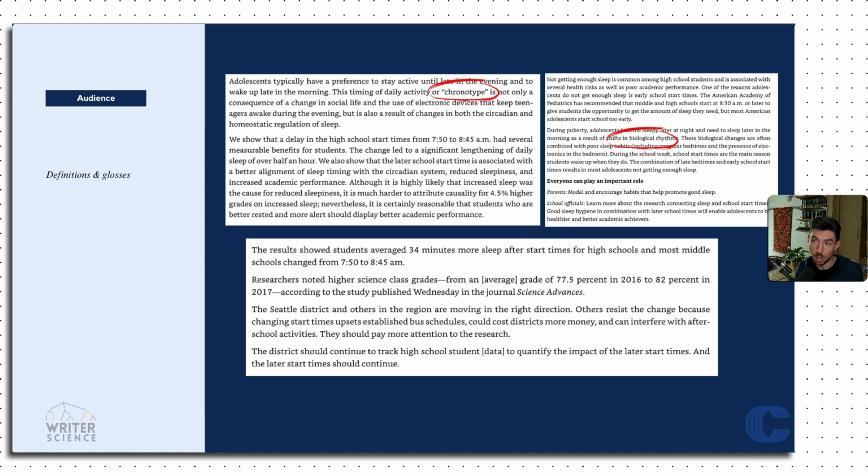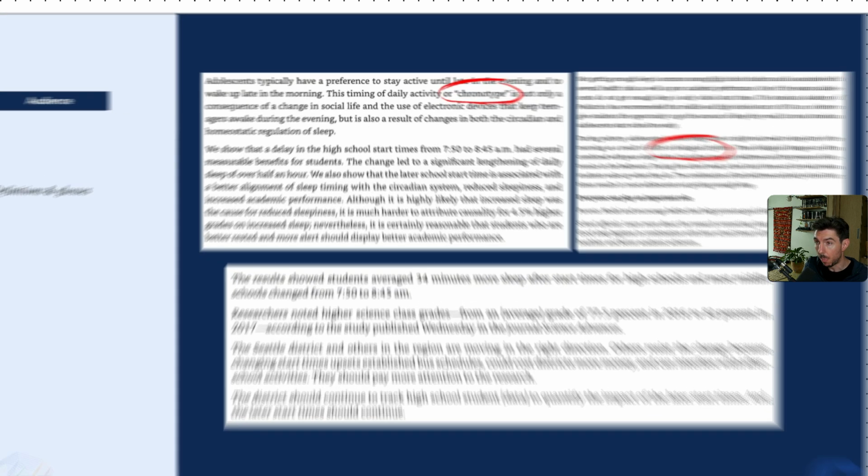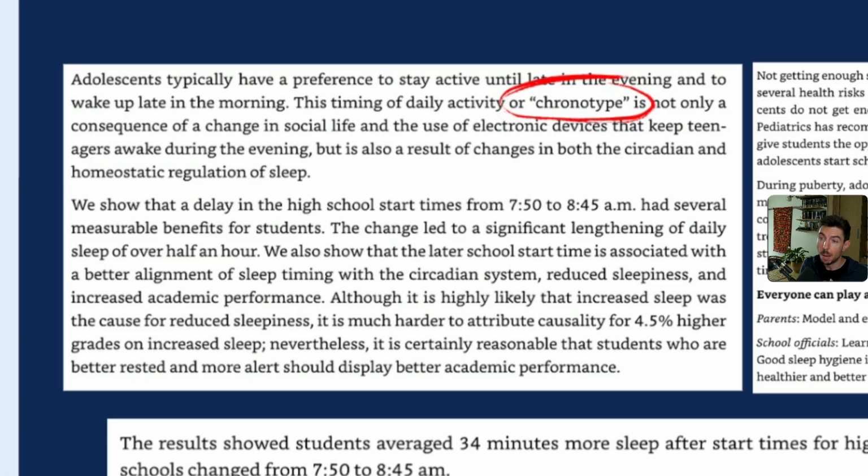Who are they writing to? We notice that the research report is using this technical language, chronotype. It's also interesting to notice this timing of daily activity, or chronotype. So they give the technical language, but the more prominent position is the timing of daily activity. Now that's interesting. This section is from an abstract. Now an abstract, what's the purpose of this?